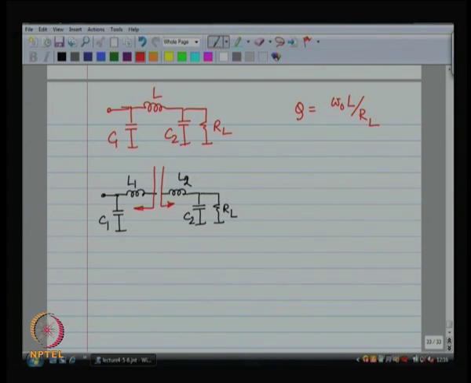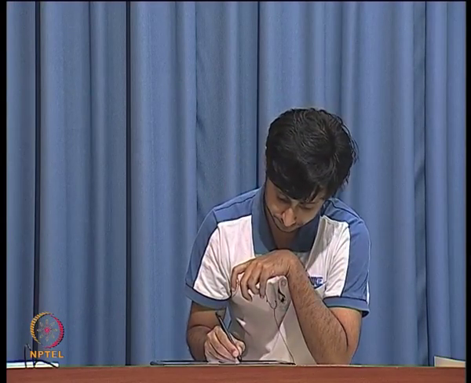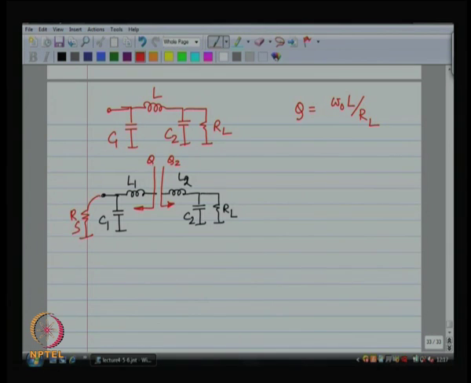What is the Q looking into the left side? Okay. Now, you know what it is, right. So, Q looking into the right is something, Q looking to the left is something, and the total Q is the sum of these two Qs. So, that also gives you the same result, that Q is going to be almost equal to omega naught L by R L. Okay.